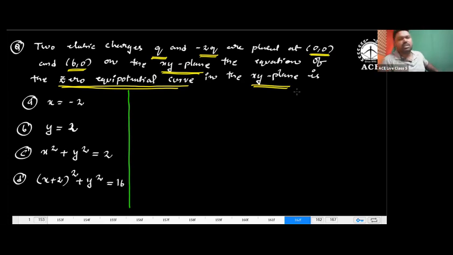What is the meaning of zero equipotential curve, beta? On that curve, potential will be zero. That curve may be anything. Let us take some particular point, find out the potential at that point, and make that one equal to zero. Why? He is asking for the zero equipotential curve.